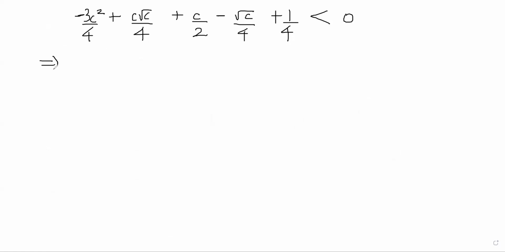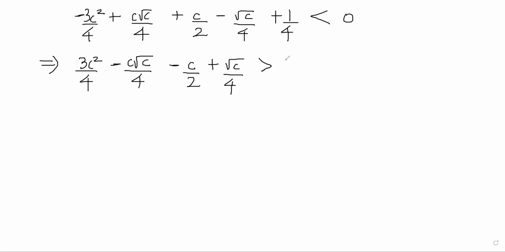Now multiplying by a negative sign throughout, you get 3c square by 4 minus c root c by 4 minus c by 2 plus root c by 4 should be greater than or equal to 0, right? I missed a 1 by 4 here. So I'll just put a minus 1 by 4 should be greater than or equal to 0, right?